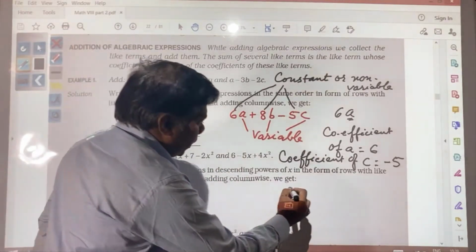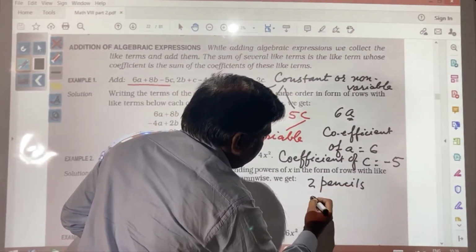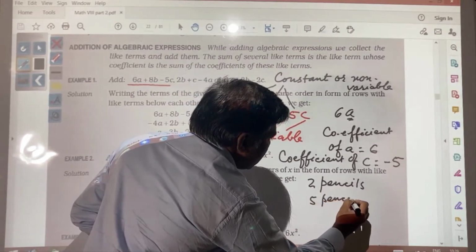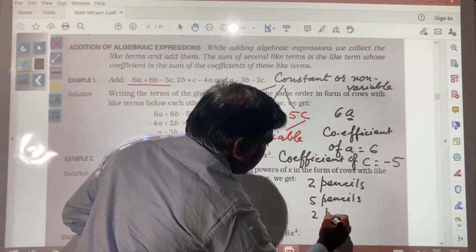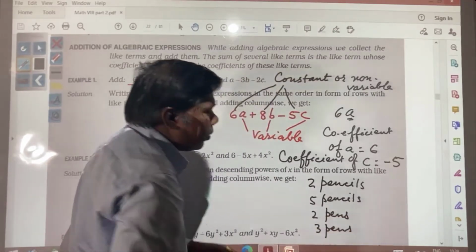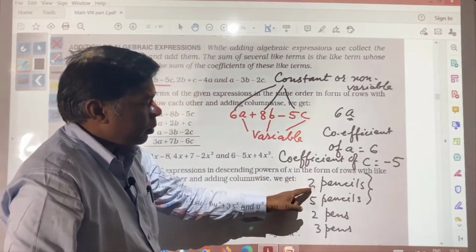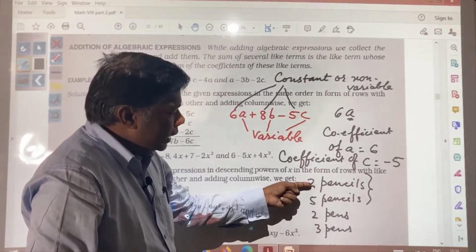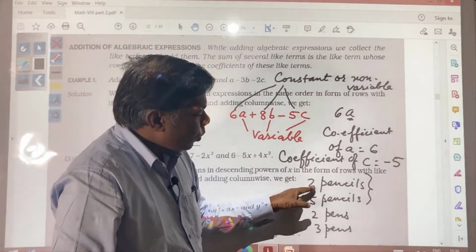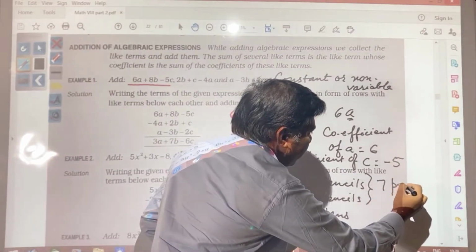Suppose it has been given 2 pencils and 5 pencils, and 2 pens and 3 pens. So what can we see over here? These are similar terms or like terms because pencils are there. So addition and subtraction can be made over here. Suppose if you are adding 2 pencils with 5 pencils, it will become 7 pencils.